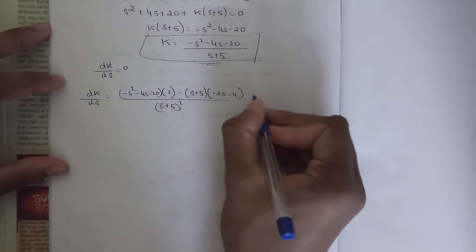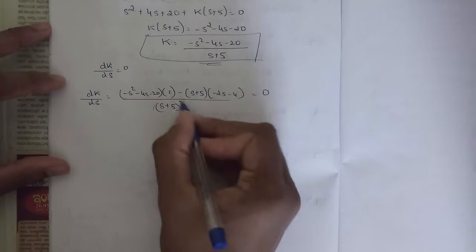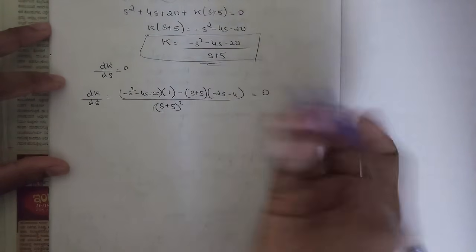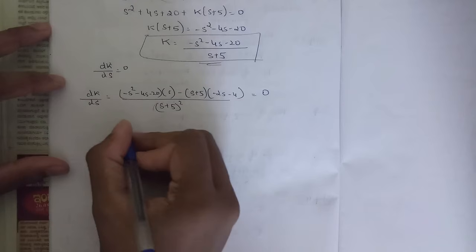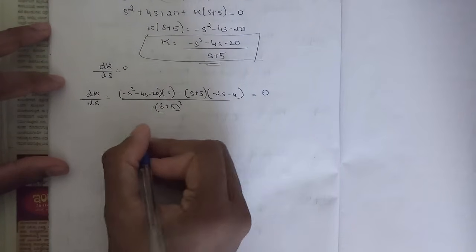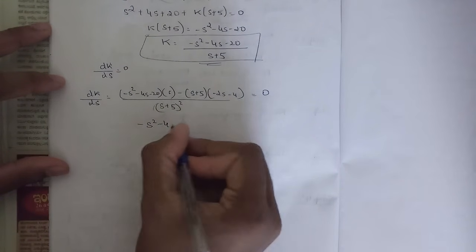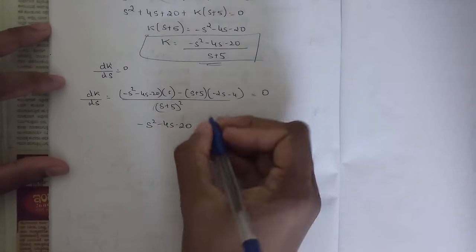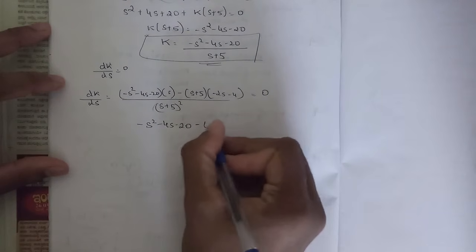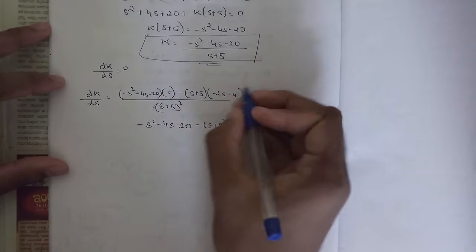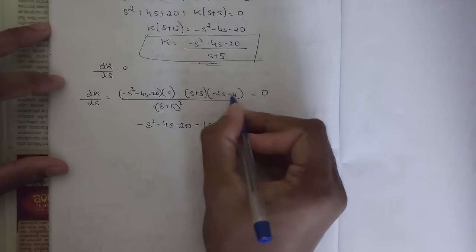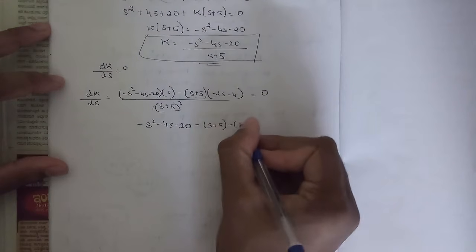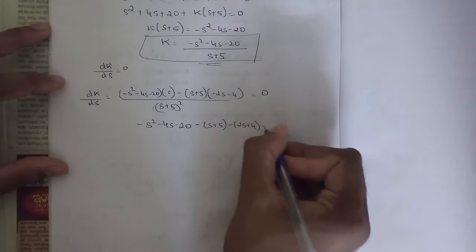Now this is equal to 0. If we bring this whole term (s plus 5) whole square to the other side, that is again 0. So we can directly write it as, this term into 1 is the same, that is minus s square minus 4s minus 20, minus of (s plus 5), and here we can take this minus common, minus 2s minus 4, so minus of (2s plus 4) equal to 0.